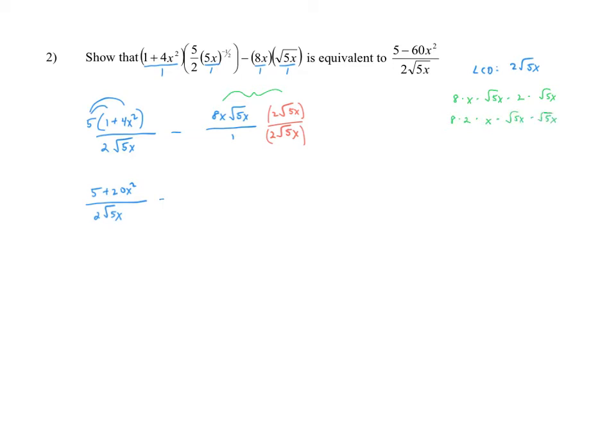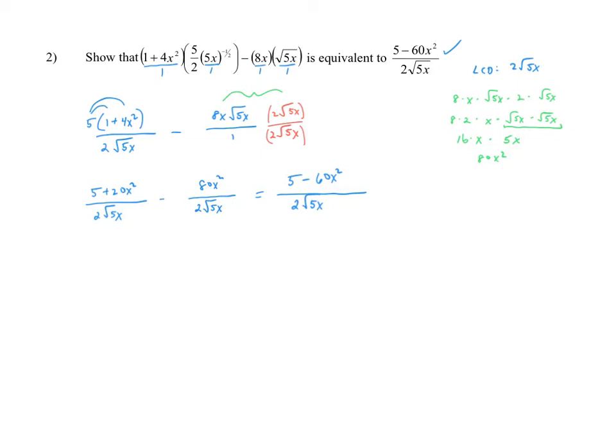We're using the commutative property there. So you have 16 times x, and the square root of 5x times the square root of 5x is 5x. That gives us 80x squared. That means we're subtracting 80x squared divided by 2 root 5x. Now that we have a common denominator, we can bring the fraction together. We can combine like terms, and we see that we get 5 minus 60x squared all divided by 2 root 5x. Check.